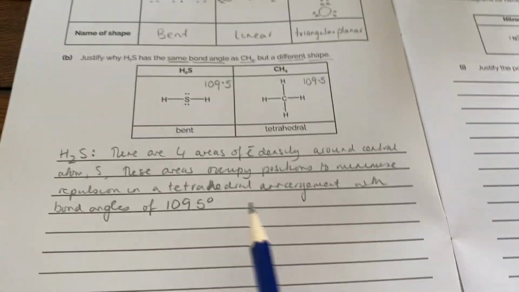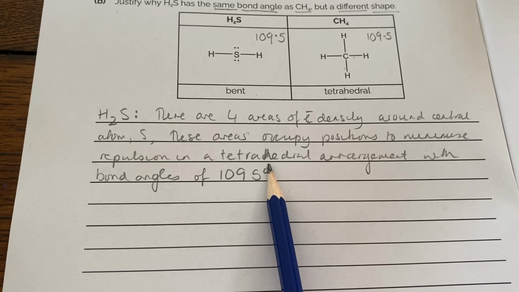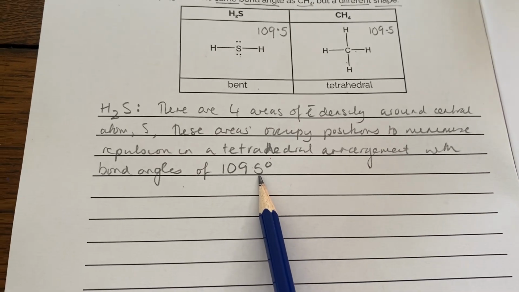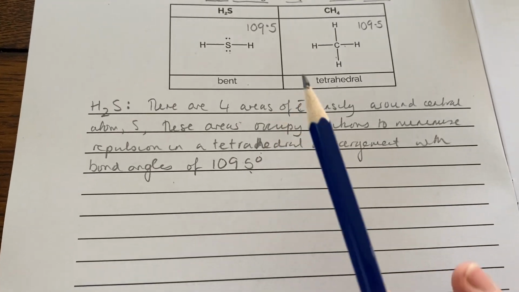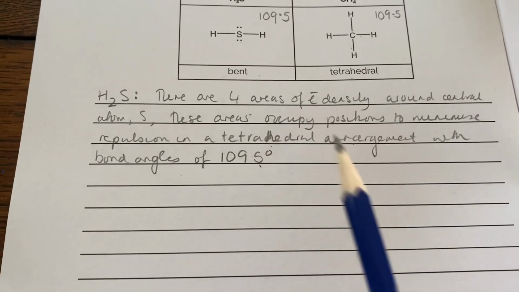So that's an important link there. So we're linking the total areas of electron density to the parent shape or the arrangement and the bond angles. So don't try and do the bonded and non-bonding areas and link that there as well. It'll just not be clear if you do that.